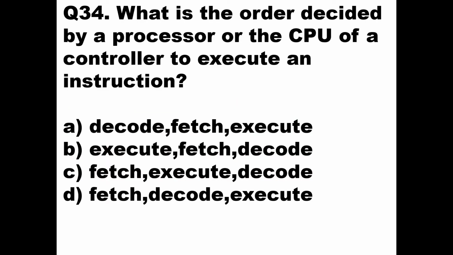What is the order decided by a processor or the CPU of a controller to execute an instruction? So options here are decode, fetch, execute; execute, fetch, decode; fetch, execute, decode; and fetch, decode, execute. Okay. So in this, if you observe it, first the instruction should be fetched.